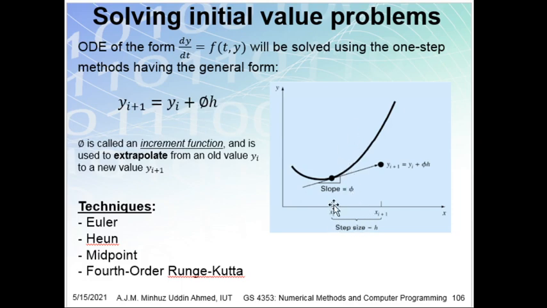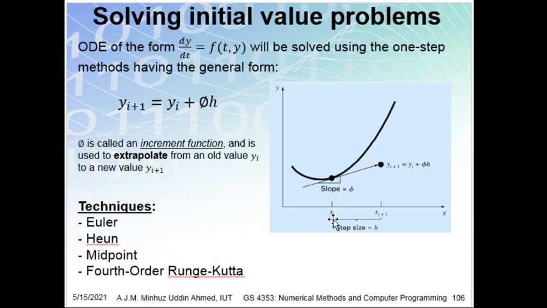If we start from this point, this is the initial value, where we know the value of y. We also know the slope, because dy by dt is the function of the ODE, so we know the slope value. That's why we'll use this value to predict the value at x_{i+1}, and this is the step size h.